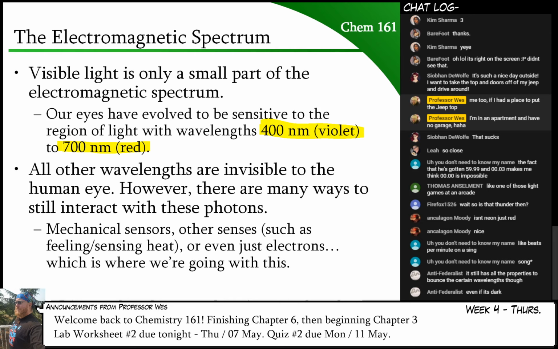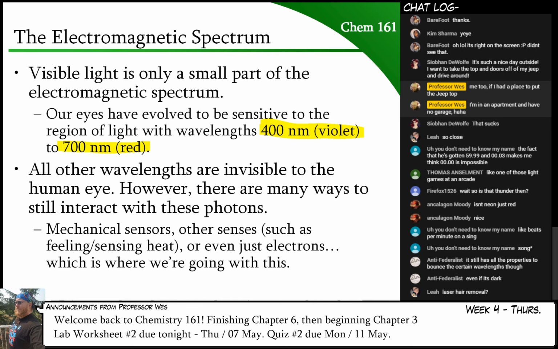What we have to use is mechanical sensors. For instance, heat and infrared radiation is a form of light, and we can sense that with things like our hands. So you could feel if something is hot just by putting your hand near it. So you can sense the infrared radiation that's coming from it.